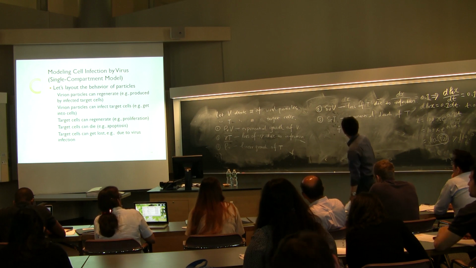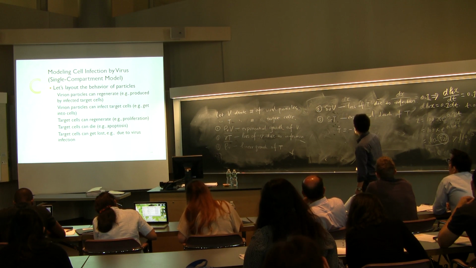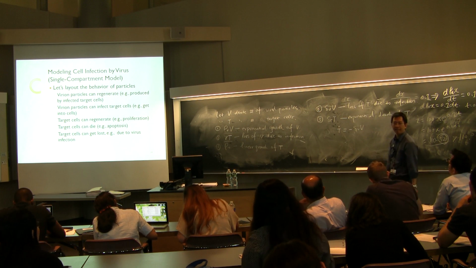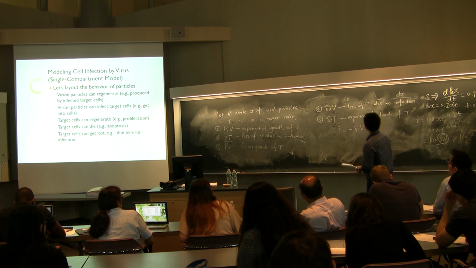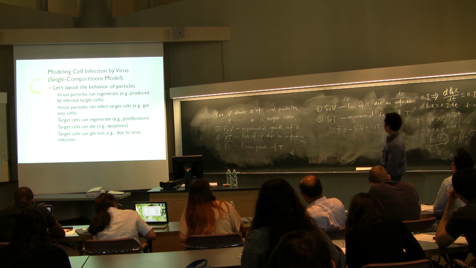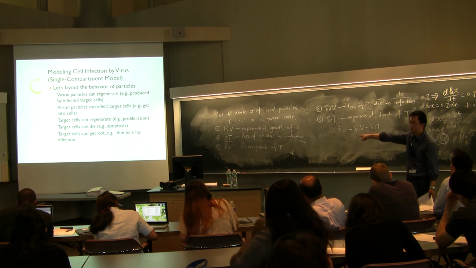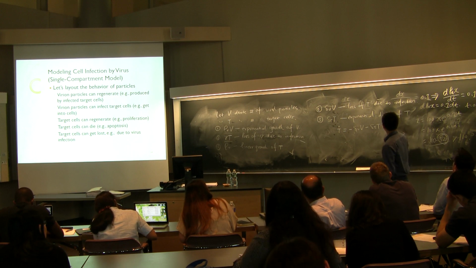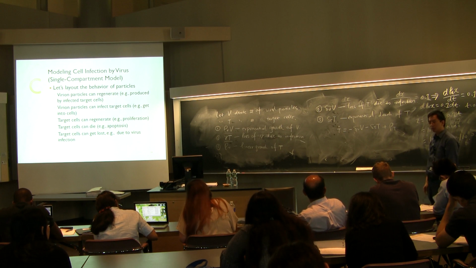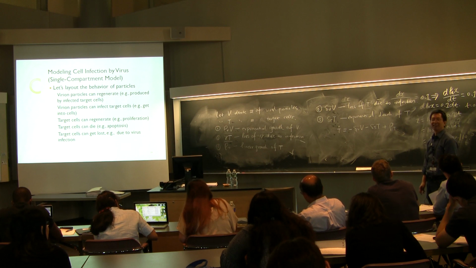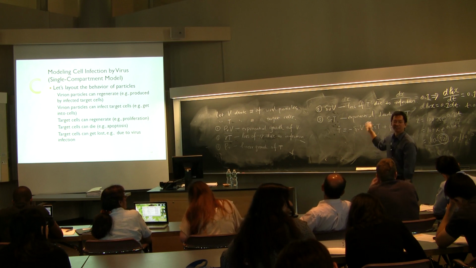So now we have the loss of T, the target cell, due to infection, and the death of T cells. We also have the growth of T cells. That's it. The construction of an ODE model is that simple: find out the rates, put them together. That's all.